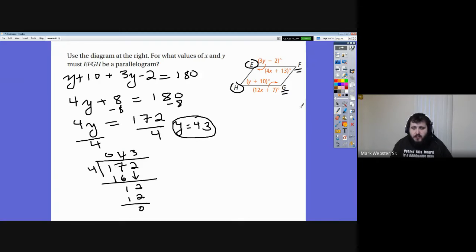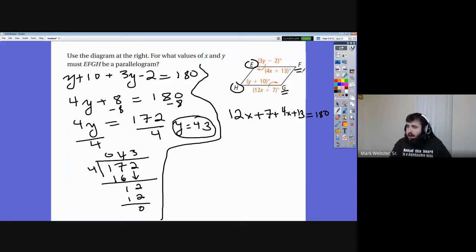Then we can go back and do the exact same thing for x. So let's do that. 12x plus 7 plus 4x plus 13 also equals 180. Remember, we just take the ones that are next to each other, add them up, set it equal to 180. So let's do that. 12x and 4x, we've got 16x. 7 and 13 makes 20.